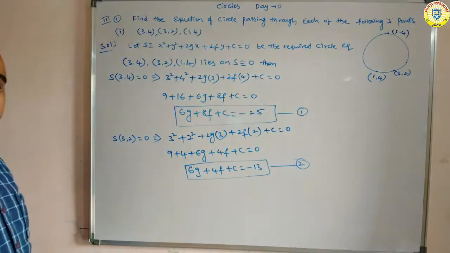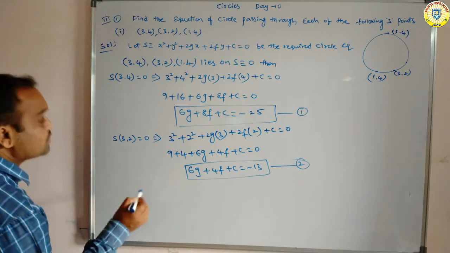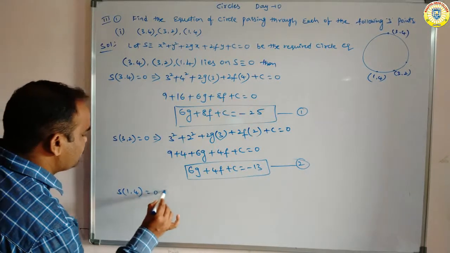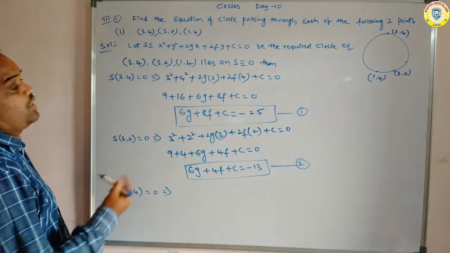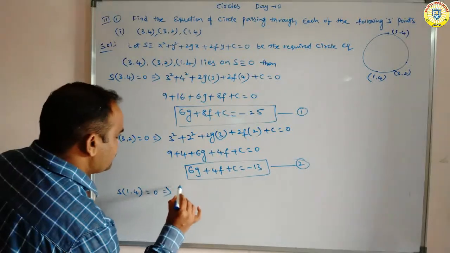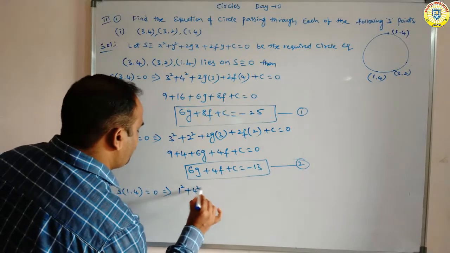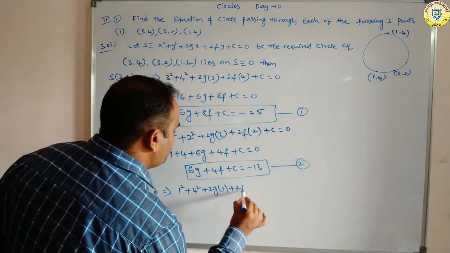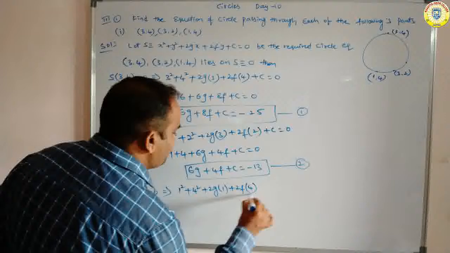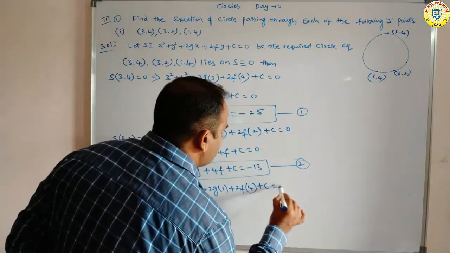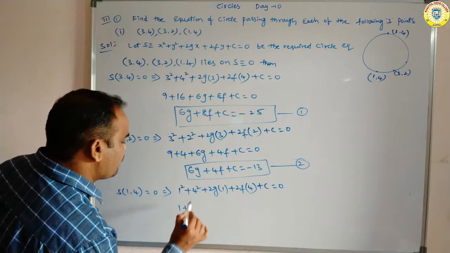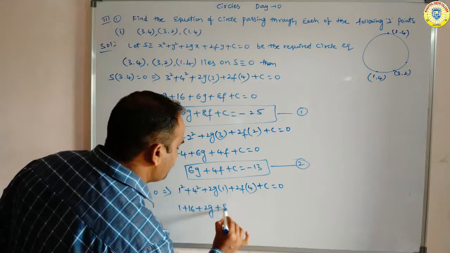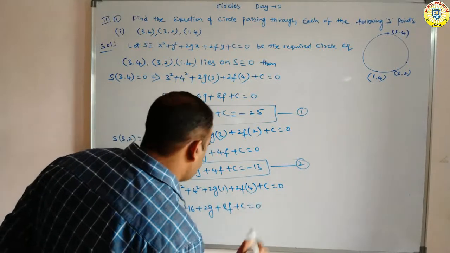Okay? Equation 2. Next, what is the third point, sir? 1 comma 4. S of 1 comma 4 is equal to 0. That implies here we are substituting x is equal to 1, y is equal to 4. Here 1 square plus 4 square, 2g into x, x is equal to 1, plus 2f into y, y is equal to 4, plus c is equal to 0. 1 square is 1, 4 square is 16, 2g plus 2f into 4, 8f, plus c is equal to 0.